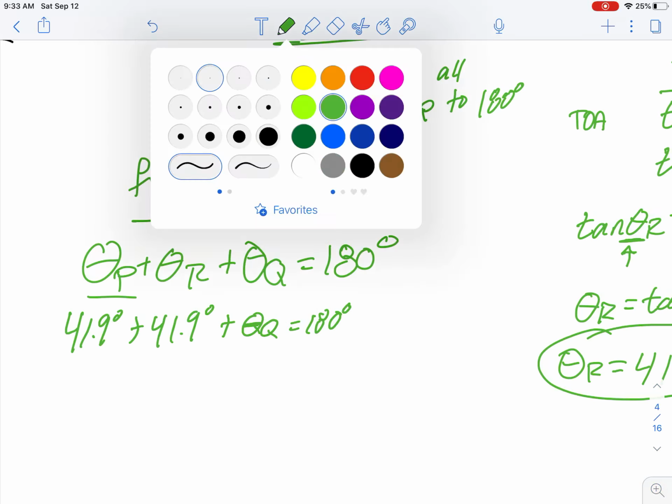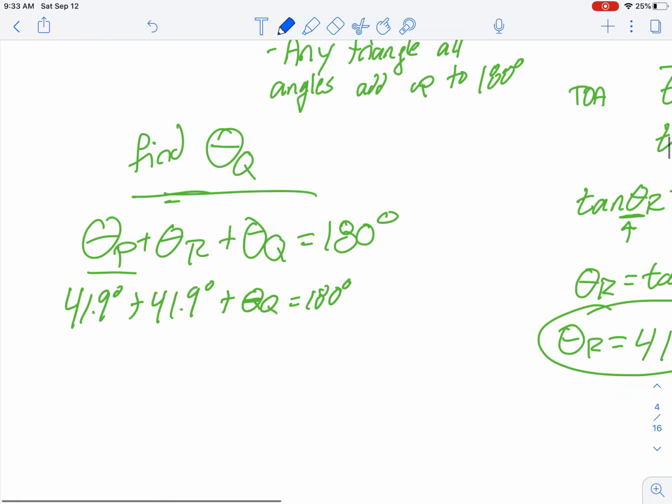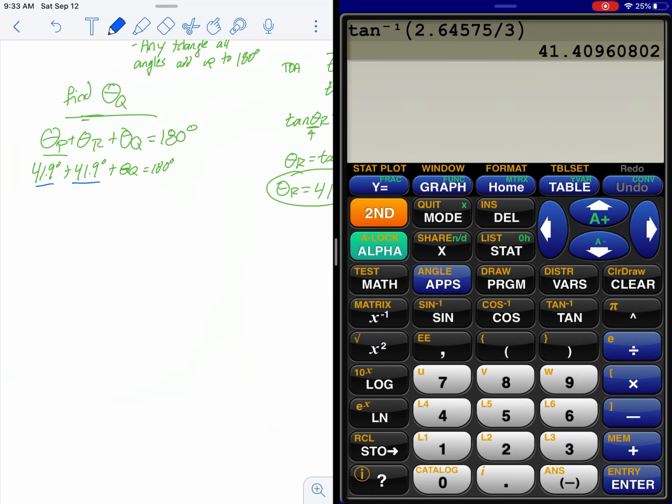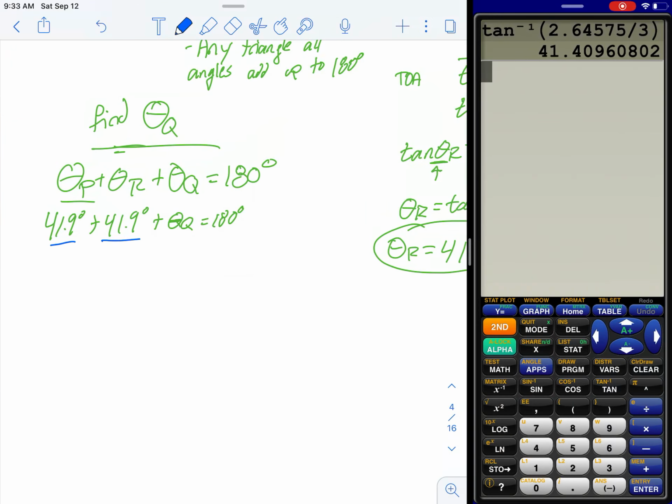And now we can simply solve for this. So 41.9 plus 41.9, let's figure out what that is. So 41.9 plus 41.9. So that's 83.8 degrees plus angle Q equals 180.